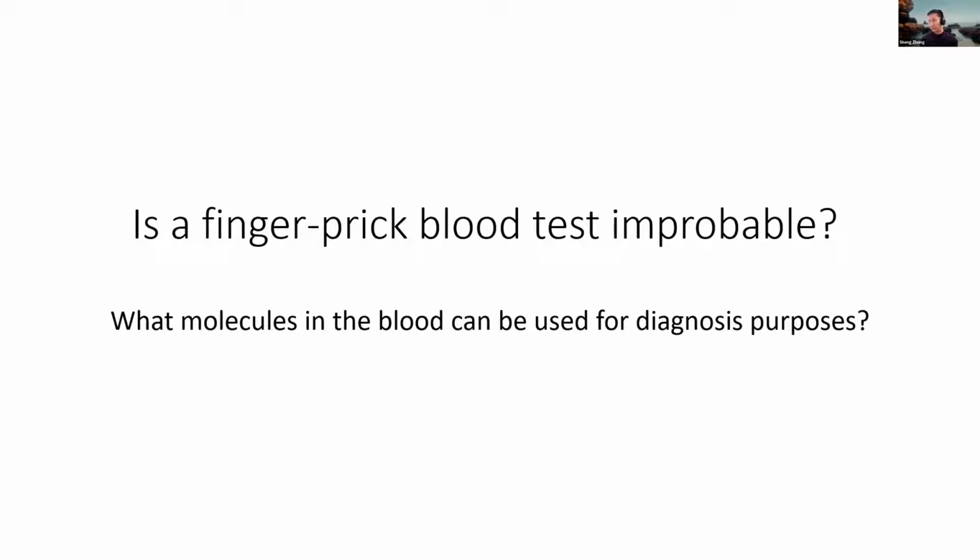I wanted to give you a few reasons. One of the reasons was that many of the other types of molecular species have been heavily pursued already. And at least 3 years ago, those molecules had not advanced into a finger prick level of blood test.